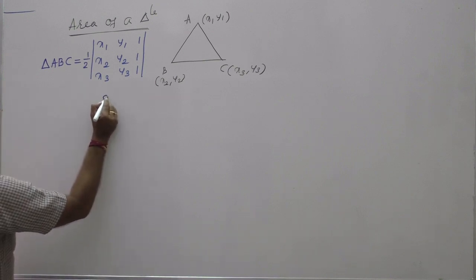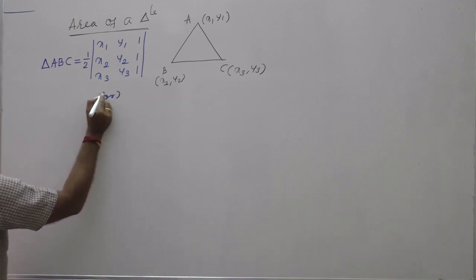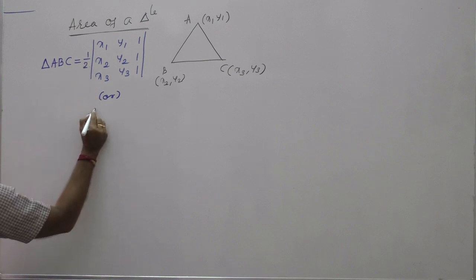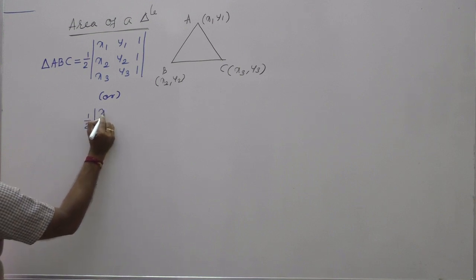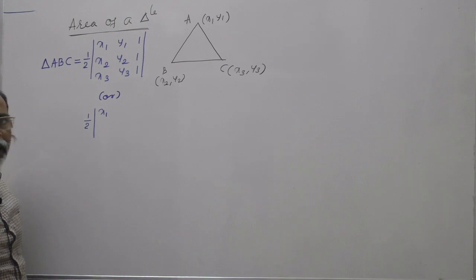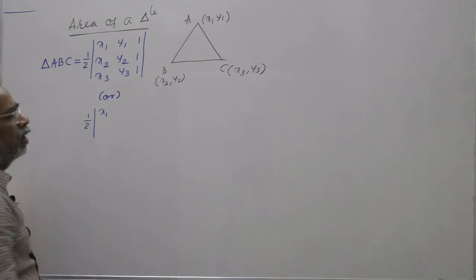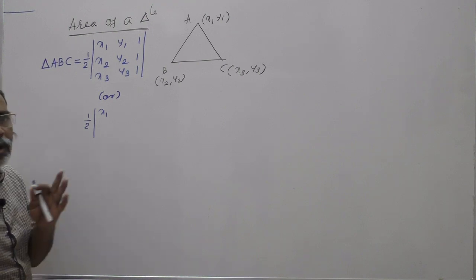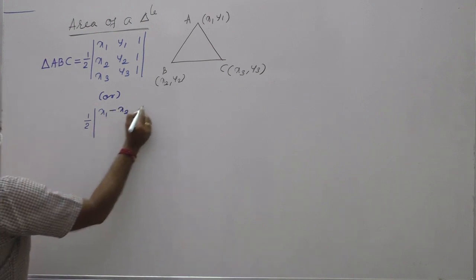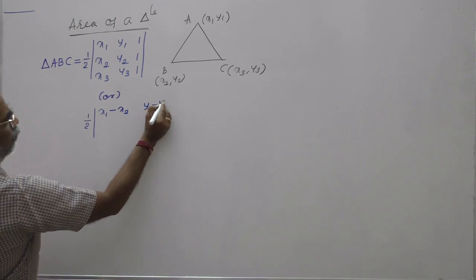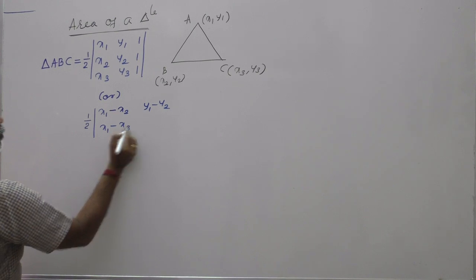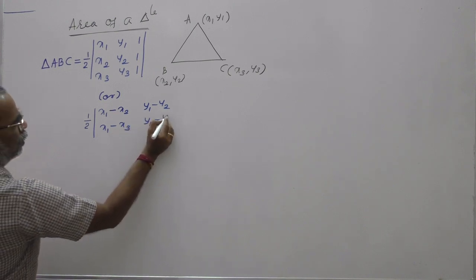On simplifying, this can be written as 1 by 2 into a 2 by 2 determinant, by transforming the 3 by 3 determinant using row transformations: x1 minus x2, y1 minus y2, and x1 minus x3, y1 minus y3.